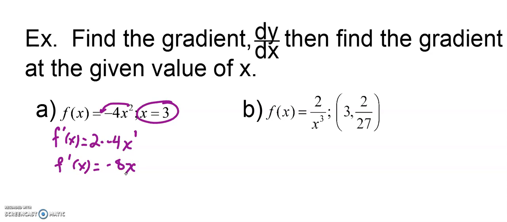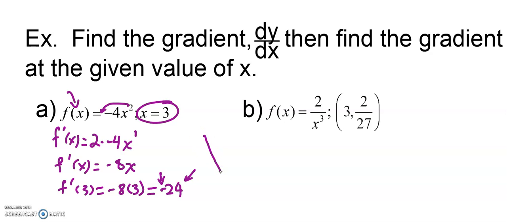Well, again, to find the gradient or the slope of this original function at x equals 3, I'm just going to simply plug in a 3 for x. So the slope of negative 4x squared at x equals 3 would equal negative 24, which tells me that the graph will be going down at this point. It will be downward, and it's going to be a pretty steep slope. So something really downward like that. Okay?